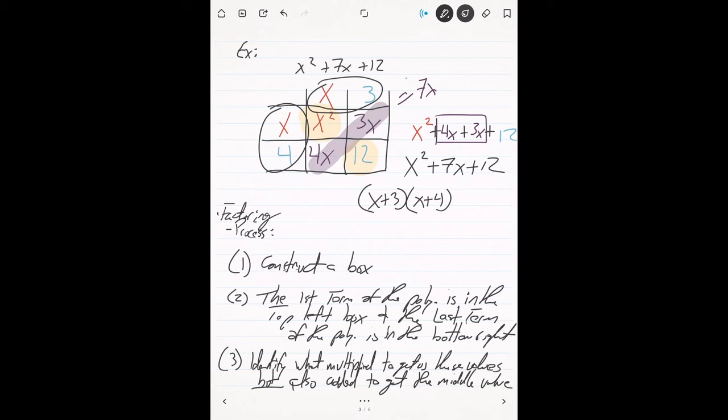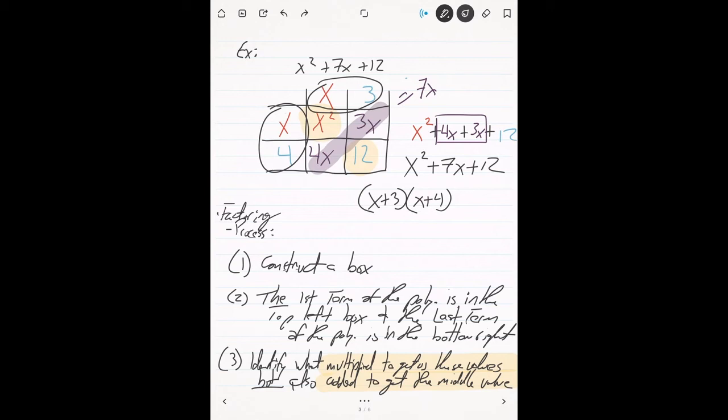That's a key idea here. We really need to show that not only are you determining what multiplied to get you the values, but what also added to get the middle term. That's what you need to do when choosing these components. When you're deciding what multiplied to get you these values, you're also saying what added together to get you 7x.